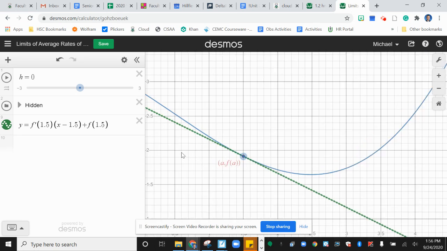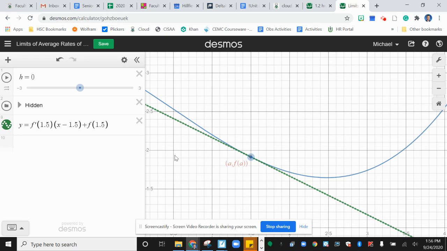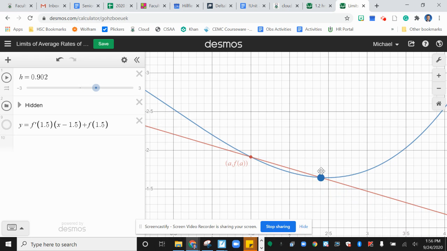When H equals 0, that's when I get the exact tangent line, except we already talked about it, that's not allowed. I can't get the slope. If I'm trying to find the slope of the line that goes through the red dot here, I can't then also put the blue dot on the same spot.